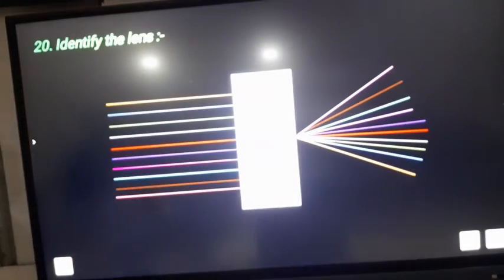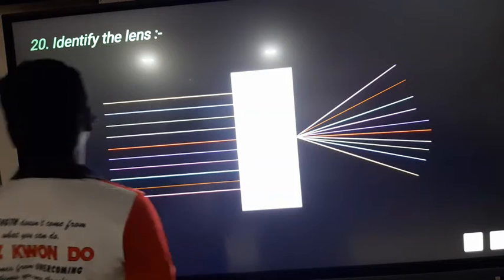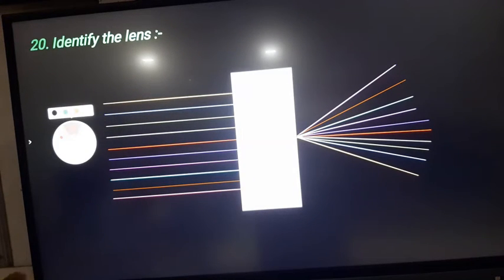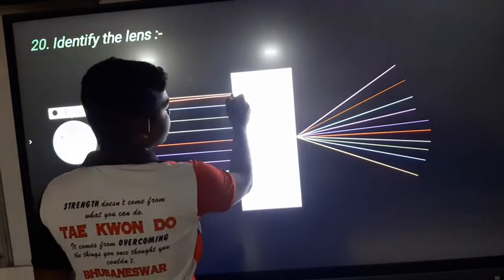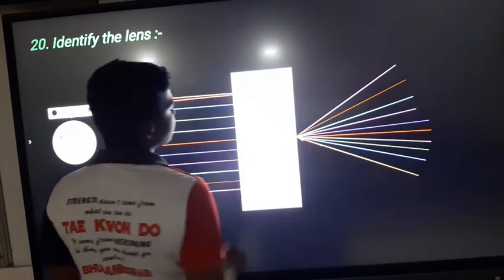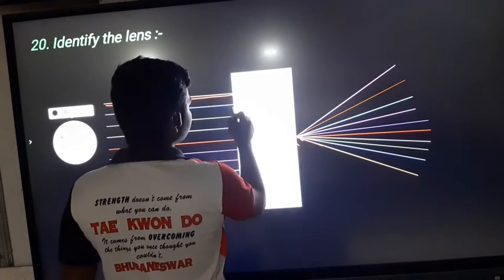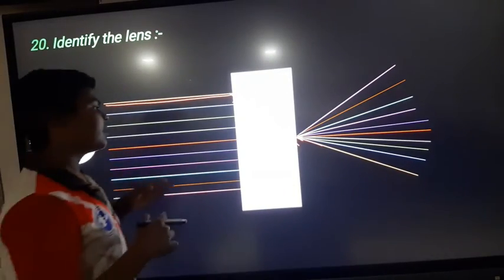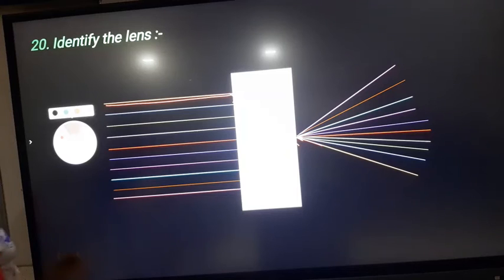This is the last question. We have to identify the lens. Here you can see this yellow line coming here, and these are all meeting here. You can directly tell that they are converging. These rays are converging and then going on.